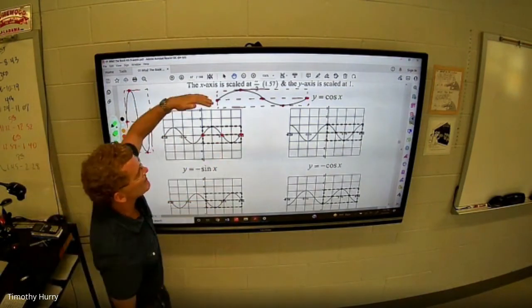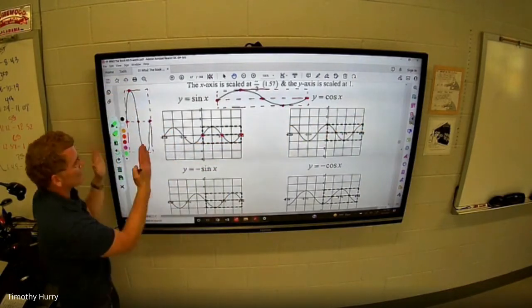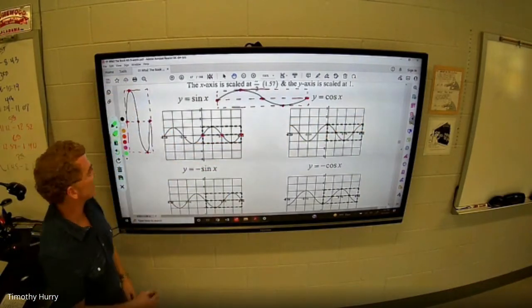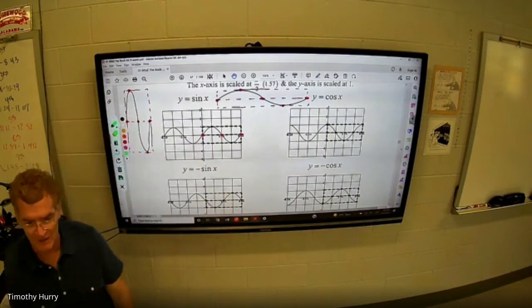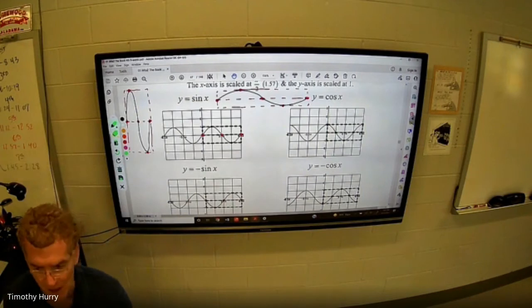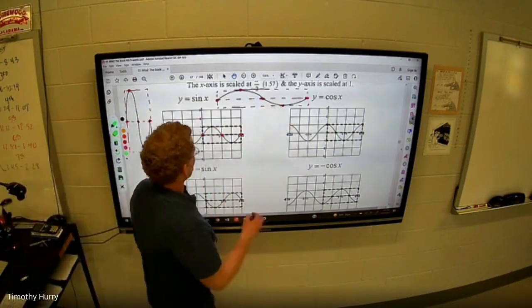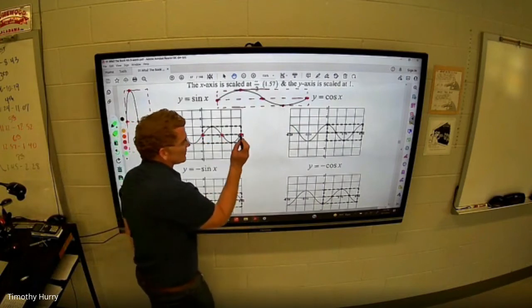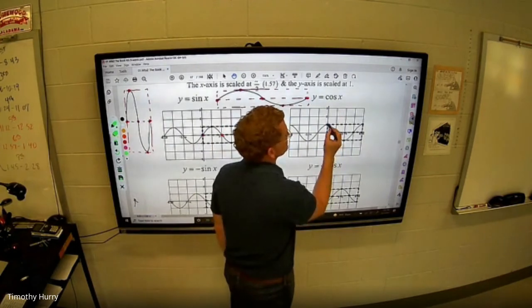Sometimes it'll look very long and skinny. Sometimes it'll look very tall and compact. But those are all affected by your A, your B, and your C, and your D values, which we're going to talk about in a second. But the key is, can you make the box? And the only difference between this and a cosine, again, is where sine has 3 dots on the middle, or basically starts here. Cosine, positive cosine, starts high.